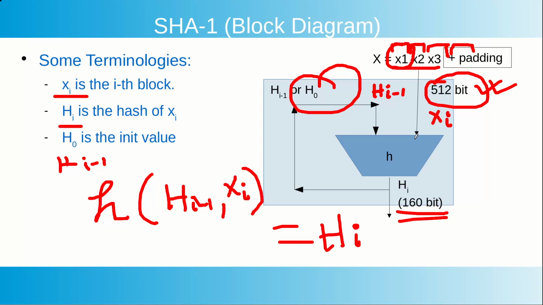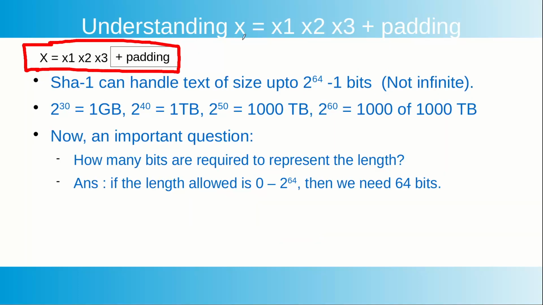It is not of size 512 bit exactly or 1024 bits, which is 2 into 512, it is of some arbitrary size. In that case we will add certain bits here, so that the text x plus padding becomes some integer multiple of 512. That is the idea, and that is why we add this padding.